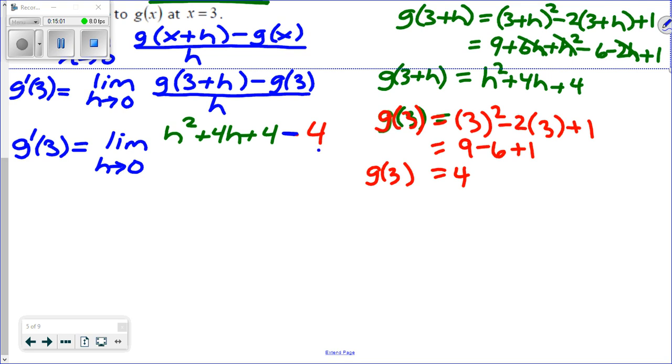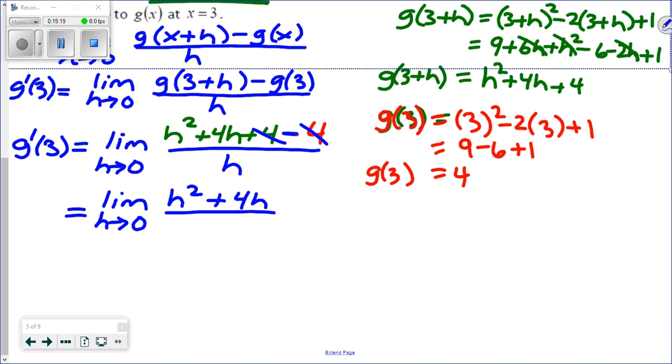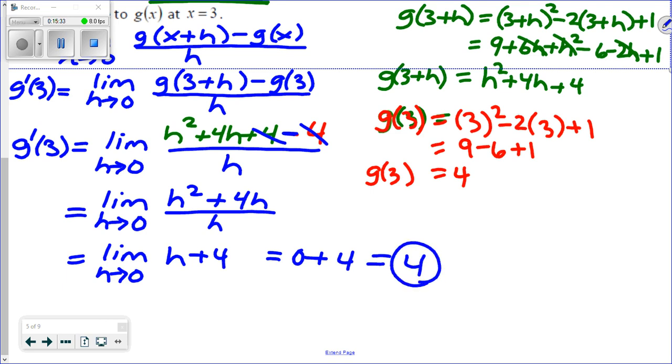Okay, to cancel or equal 0. So this will become h squared plus 4h all over h. And then we can divide each term in the numerator by h. So this becomes h plus 4. And then finally, we can use direct substitution. And we get 4 for our final answer. So 4 is the slope of the tangent line that intersects that curve at x equals 3.